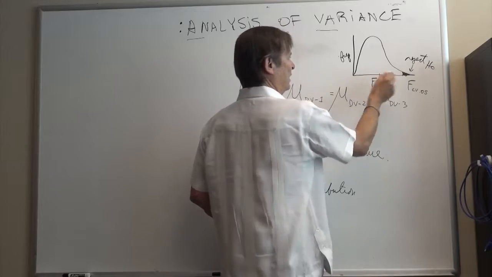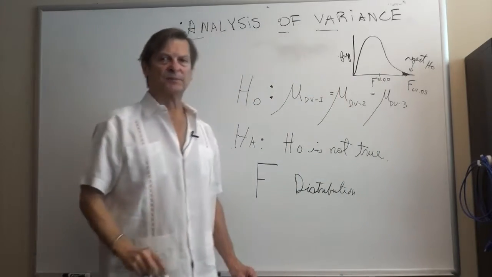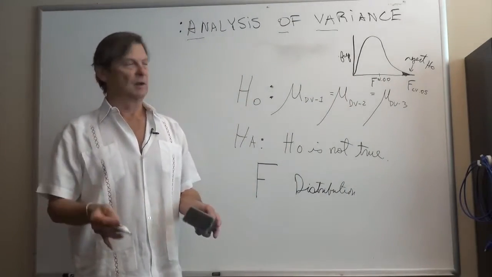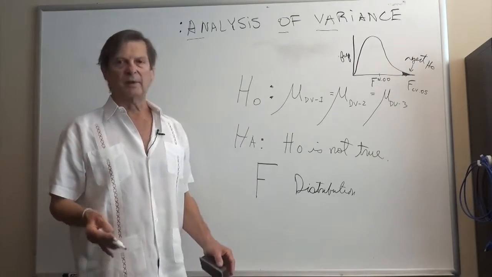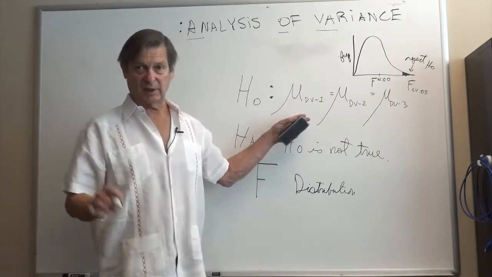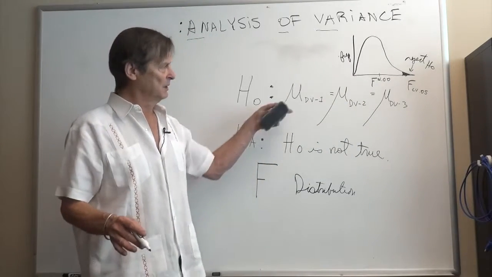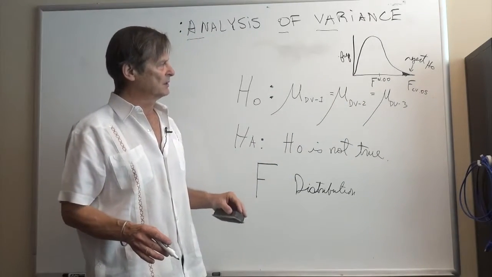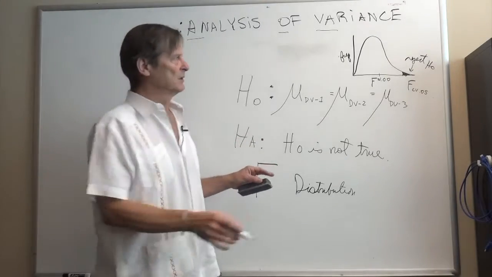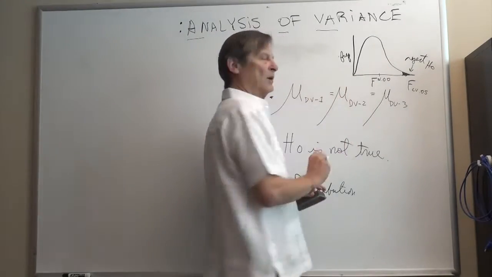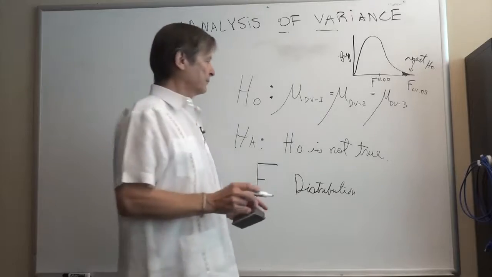If it falls anywhere in here, we'll retain H0. And the curious thing about analysis of variance and the F distribution is if there are no mean differences except chance, tiny little differences in the sample means that we'll use to test this hypothesis, then the F value will be 1, not 0.